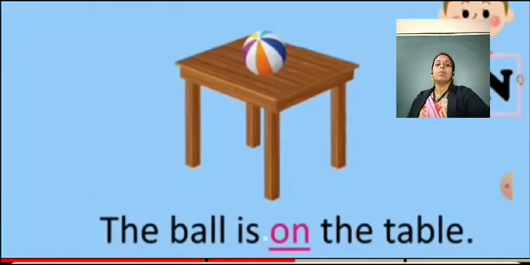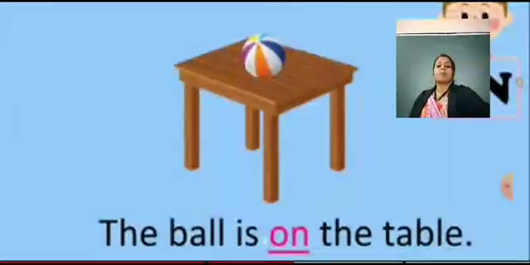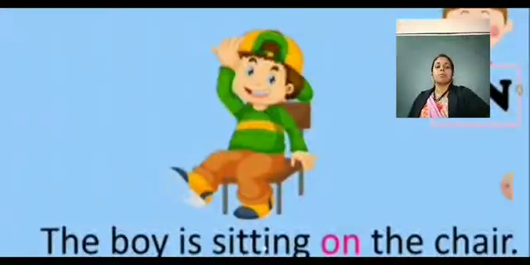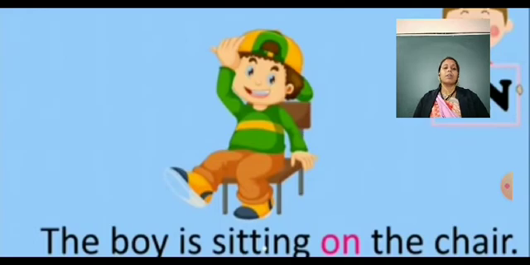Okay, now the next example related to on: the boy is sitting on the chair. You can see that there is a small boy like you and he is sitting on the chair.